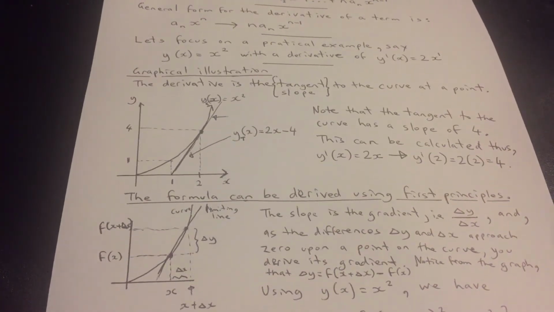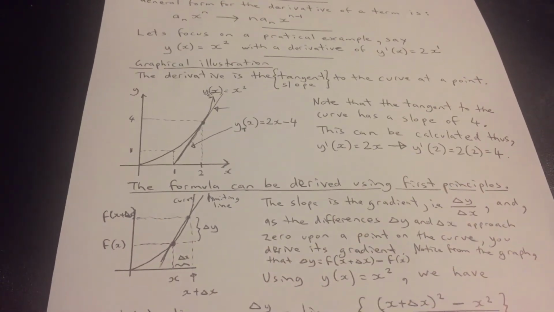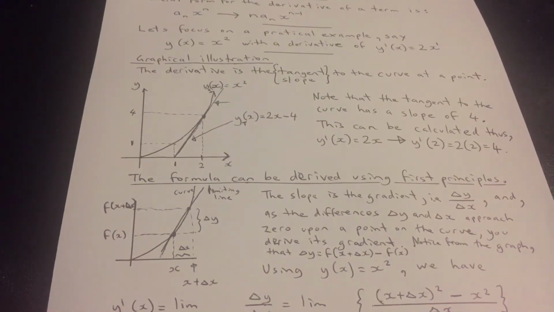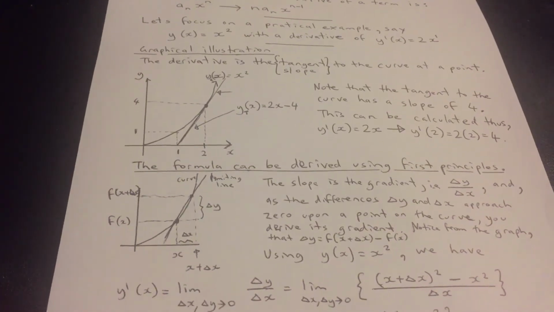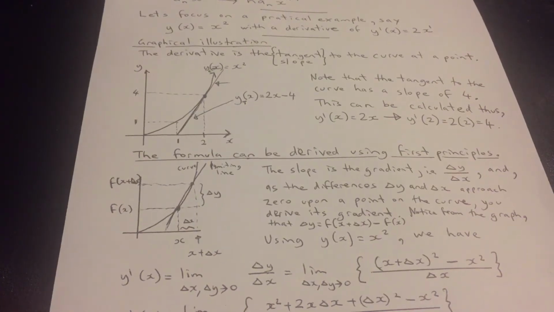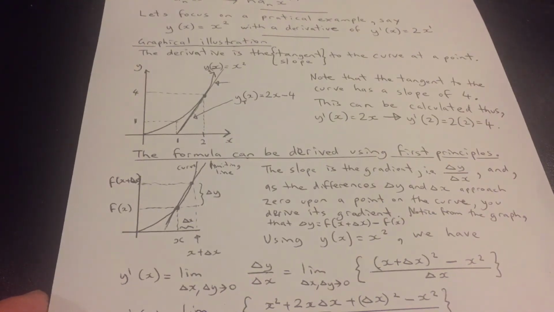So going back to our parabola, or a simple equation of y of x equals x squared, we can derive by first principles. And first beginning, we have the notation, which is Leibniz notation. So the dash over the y is not a power, it signifies the first derivative. So that equals the limit as delta x and delta y approach 0 of delta y over delta x.